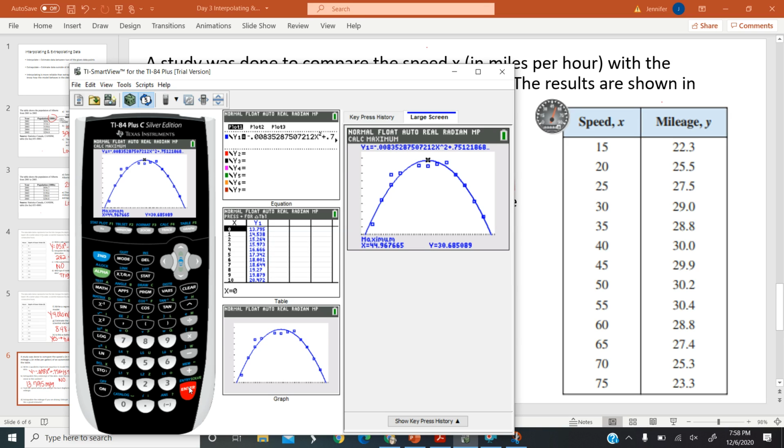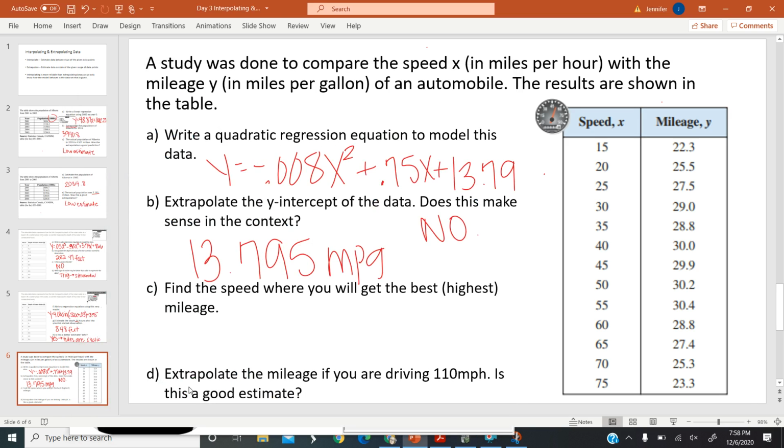That's going to be the speed you'd be going to get the best gas mileage: 44.97 miles per hour.